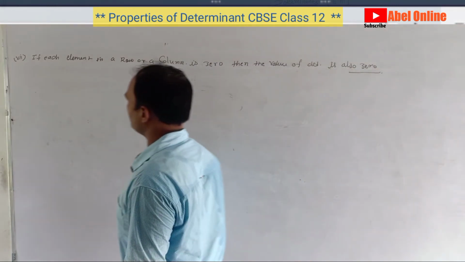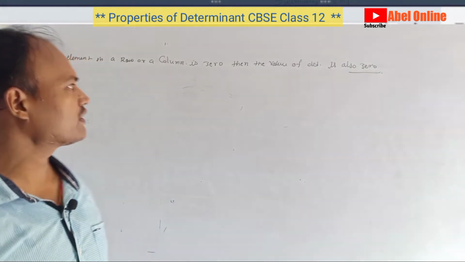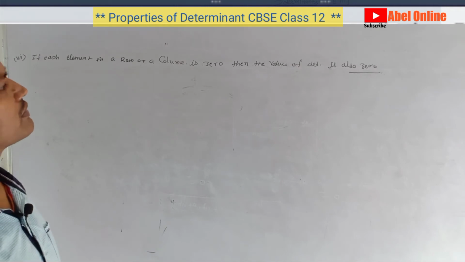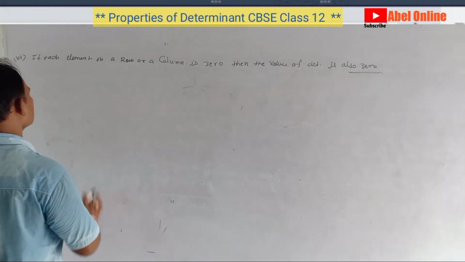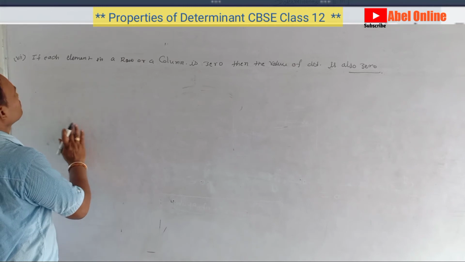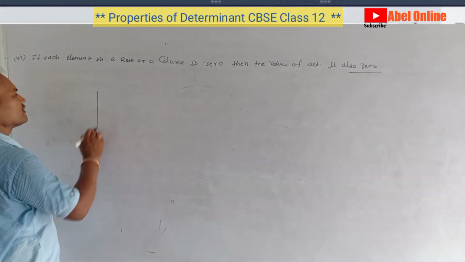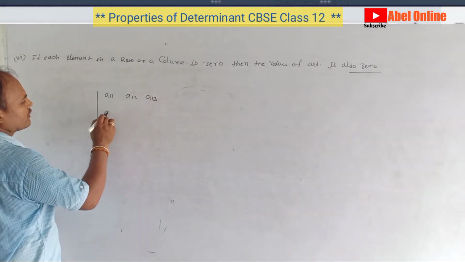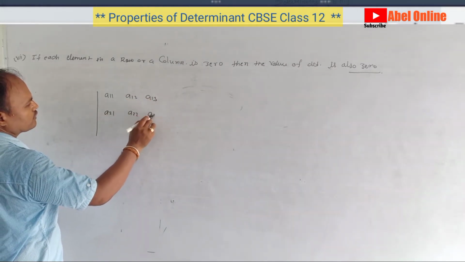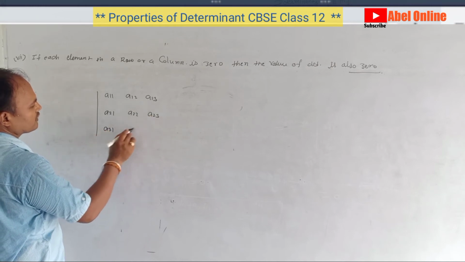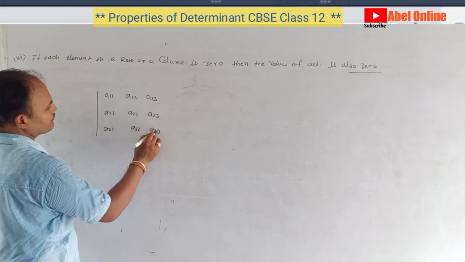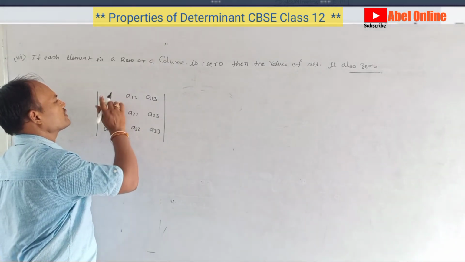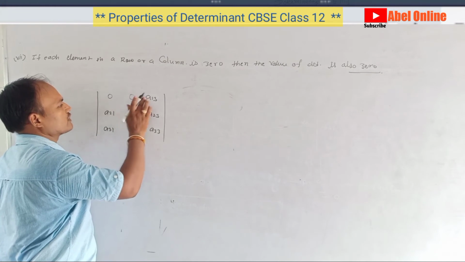So students, this is a very important property. How can we say that if each element in a row or a column is 0, then the value of the determinant is 0? Suppose it is a11, a12, a13, a21, a22, a23, a31, a32, a33, and any row or column is 0, suppose this row is 0, 0, 0.